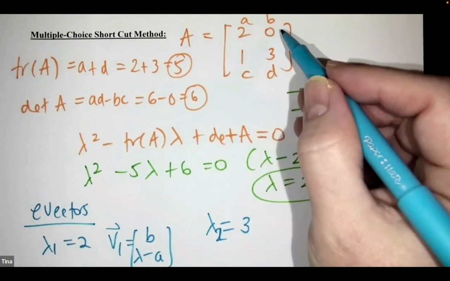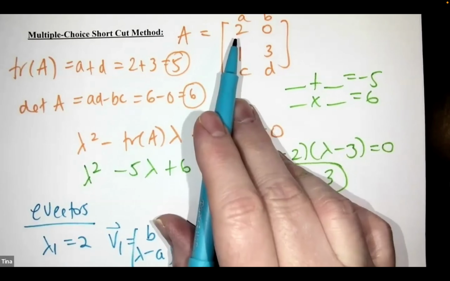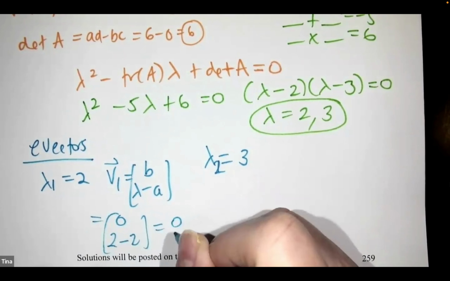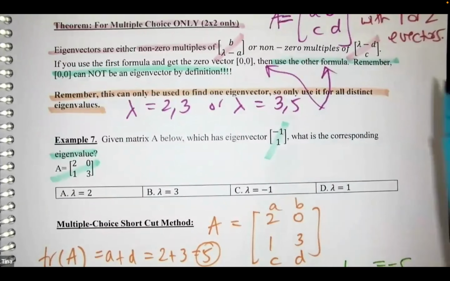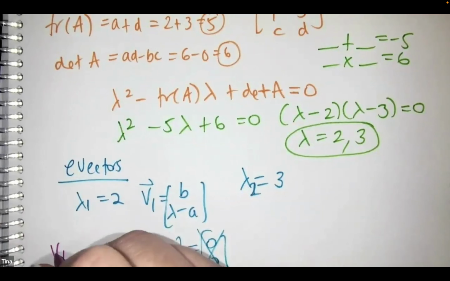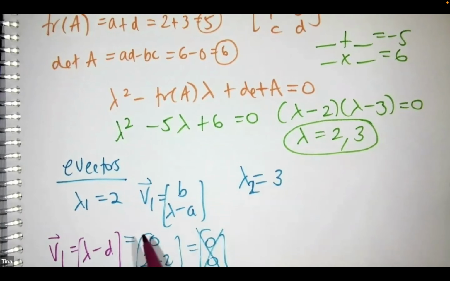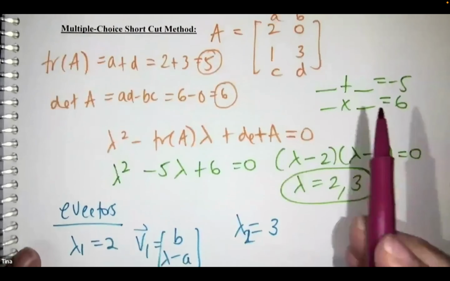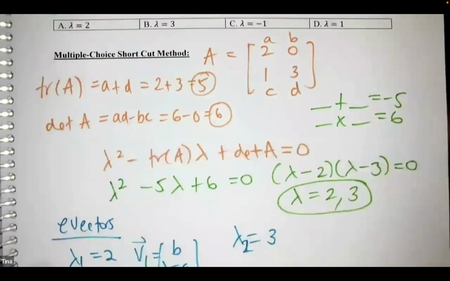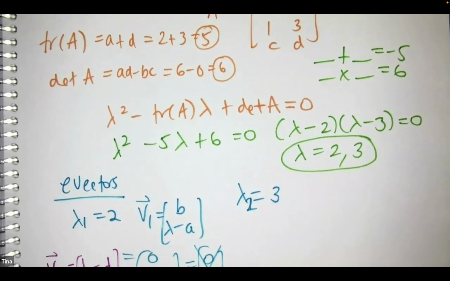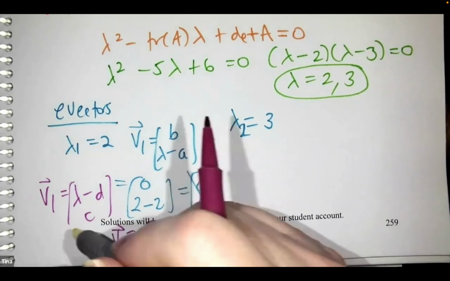So b for my matrix is 0, and lambda is 2, so 2 minus a is 2, giving me the 0 vector. That's an example of one that won't work. So we can use lambda minus d and c. My vector is lambda, which is 2, minus d. D in the matrix is 3, and c is 1. So negative 1, 1 is our eigenvector, or 1, negative 1. Remember, any multiple is also correct.